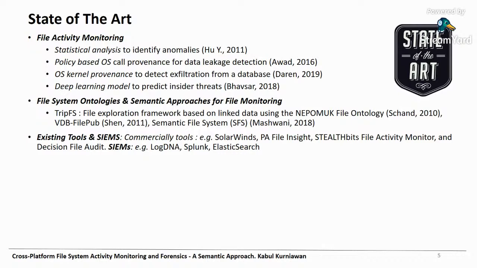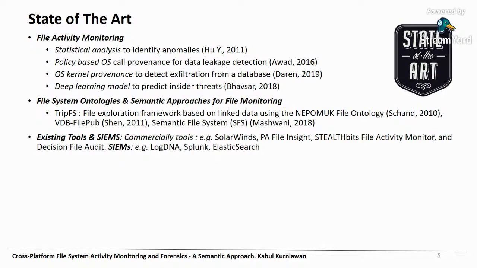And for file system ontology and semantic approaches, some researchers propose ontology such as TripFS, which is a file exploration framework based on linked data using an FO ontology, and also file poop NFT, similar to TripFS, which focuses on end users or user-defined content metadata.